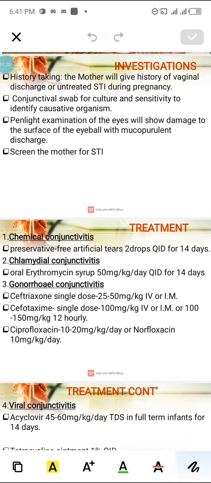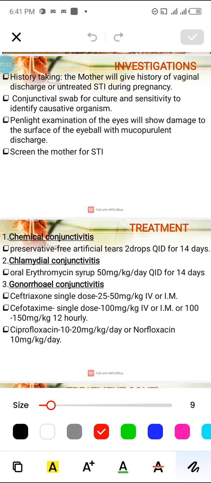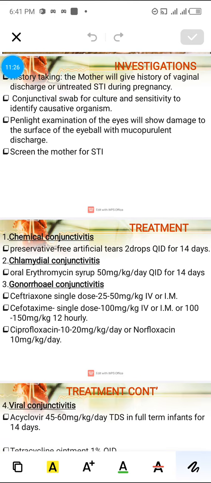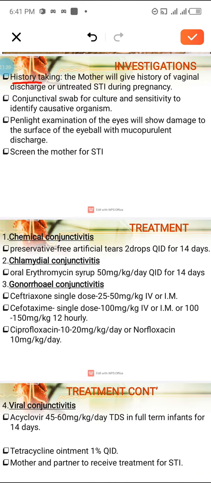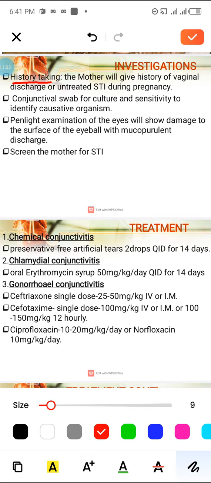Okay, so if we look at the investigations, mostly it's history taking. So we can do what we call history taking. That's what we have here. Under history taking, the mother will give a history of maybe vaginal discharge.